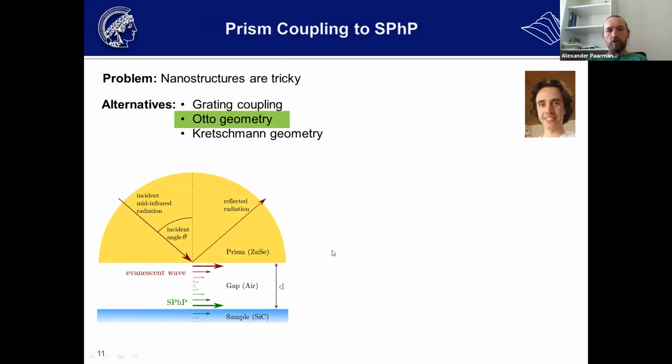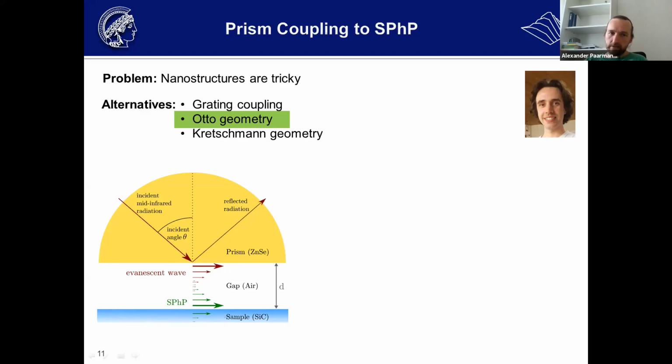So in the Otto geometry, what you do is you use a prism of high refractive index, which is relatively easy in the IR to get, with refractive indices above 2. And then you shine in light such that you're just above the critical angle of total internal reflection. So you get total internal reflection, 100% reflection out.